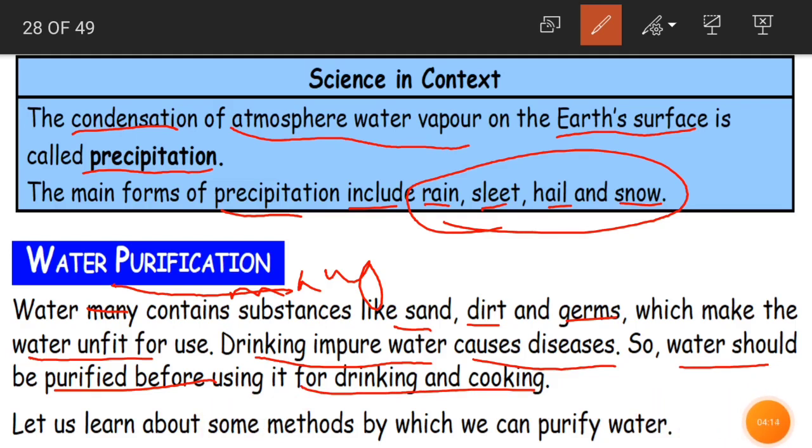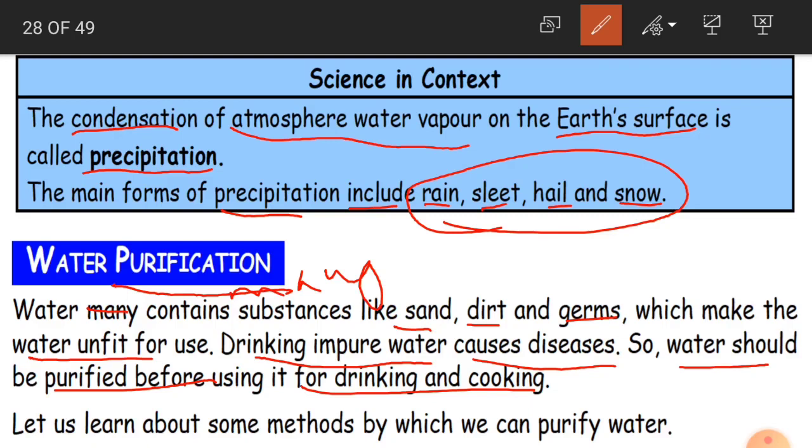That is why we have to purify the water before we use it for cooking or drinking, because this water directly goes into our stomach. Yes or no, children? If we eat something cooked with water, or if we drink water, it directly goes into our stomach.